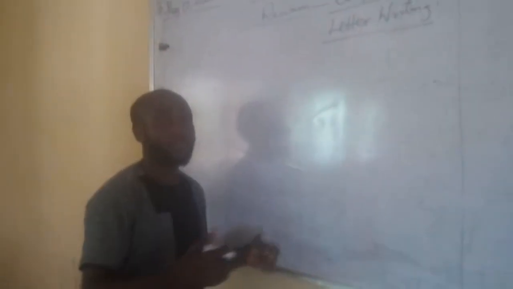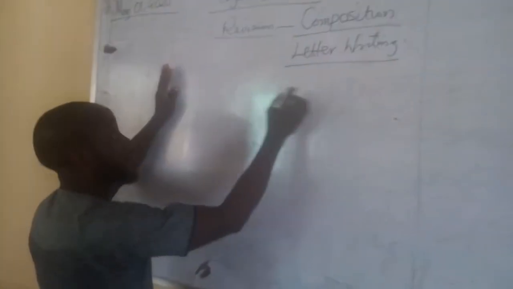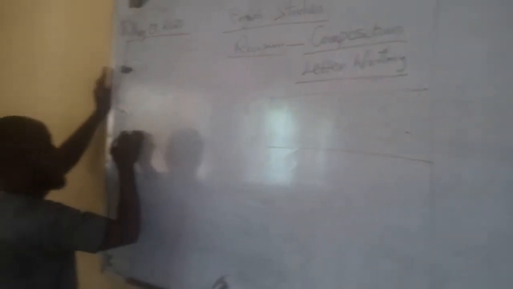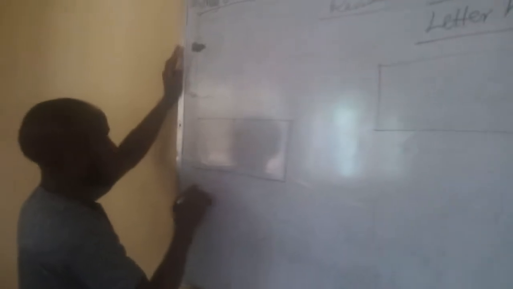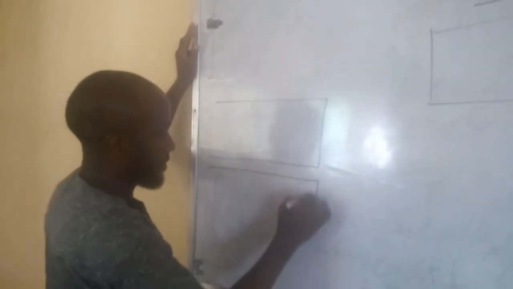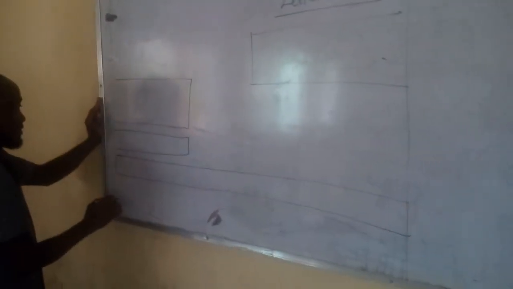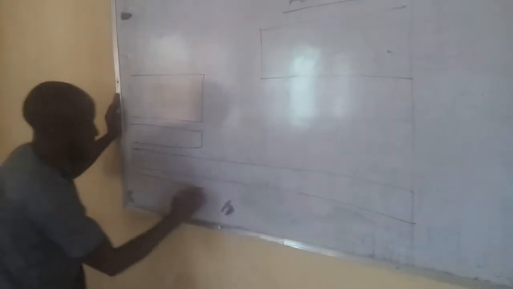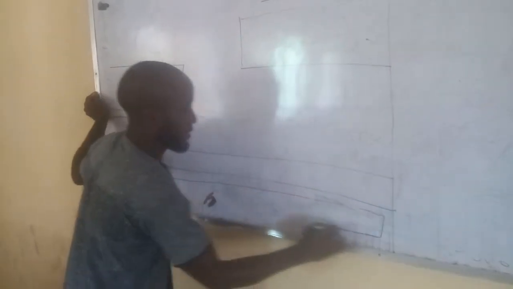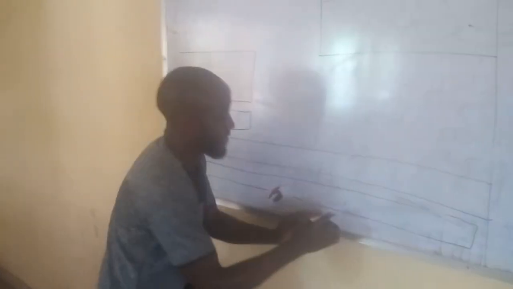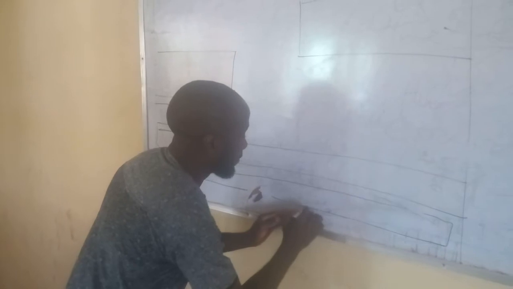I'll make a sketch and then we'll try to fill it up. Look at this. If we have this, we have this, and then we have this, and finally we have this.